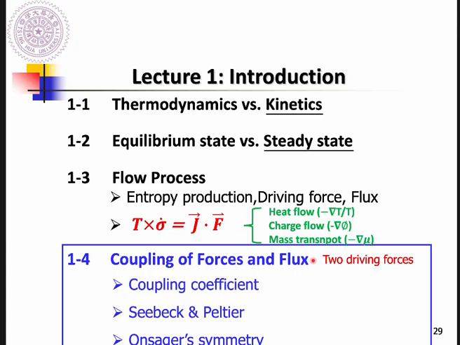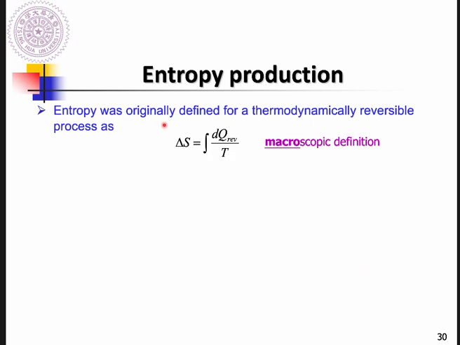But before we address this, we want to move back to the entropy production, because if there are two driving forces, then the entropy production will for sure be different. So let's move back to how entropy is produced inside your materials. Based on the second law of thermodynamics, in macro scale, the entropy change of the system equals the heat change divided by temperature.